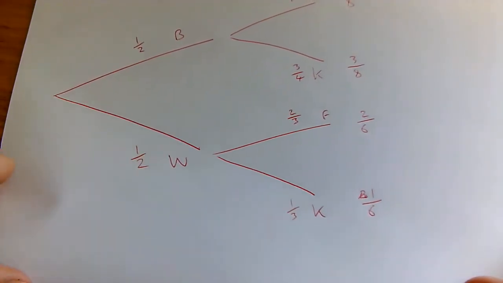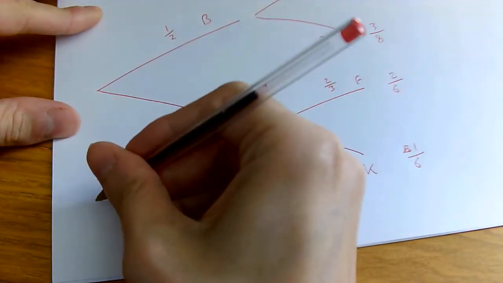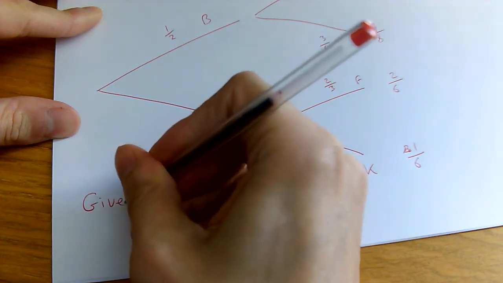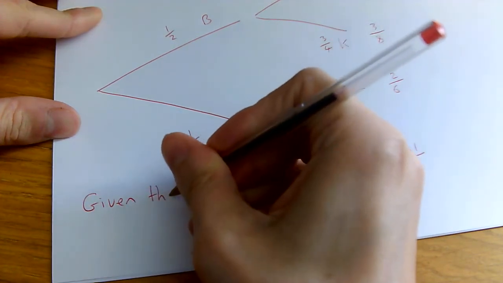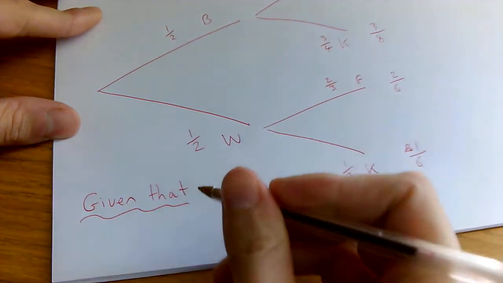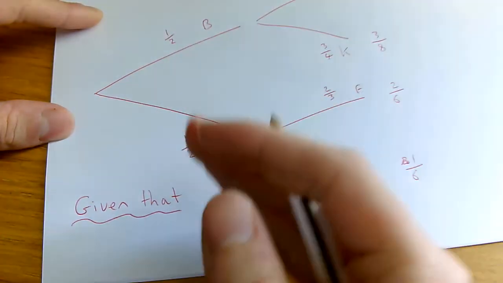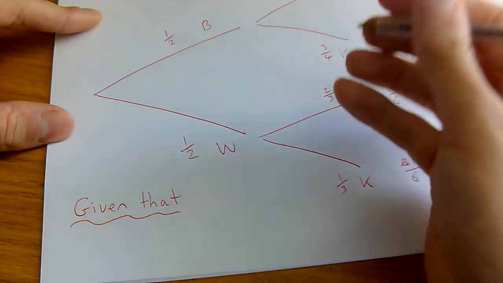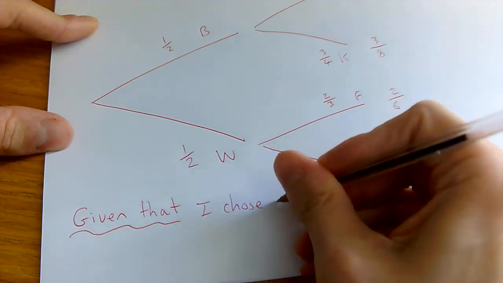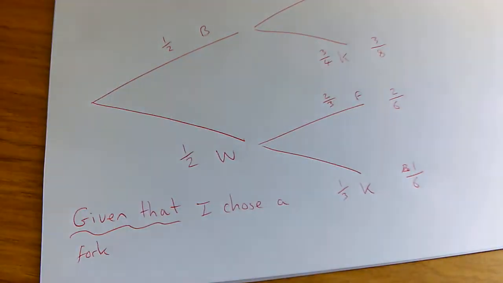Let me actually phrase it in a very specific way here. What you'll see written quite often is the phrase, given that. This means something has already happened. So given that I chose a fork, so I've definitely got a fork.